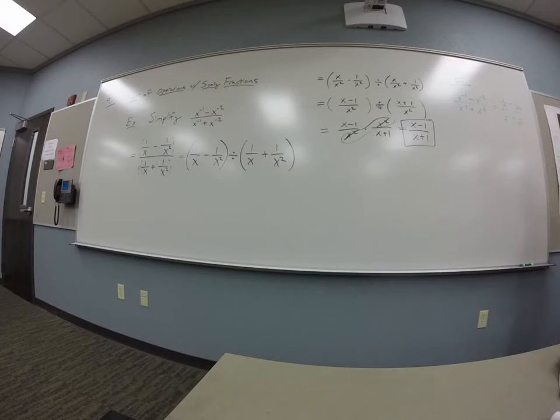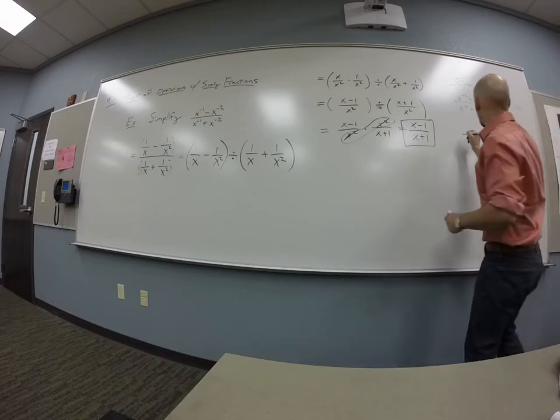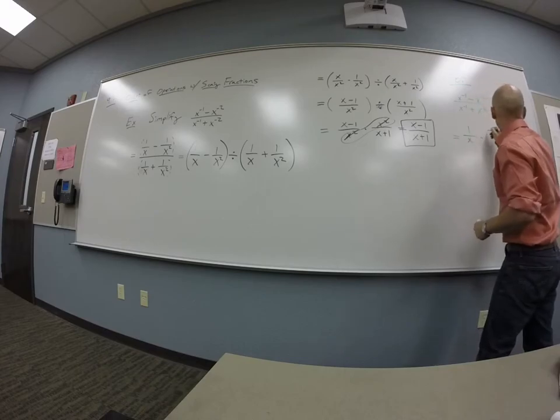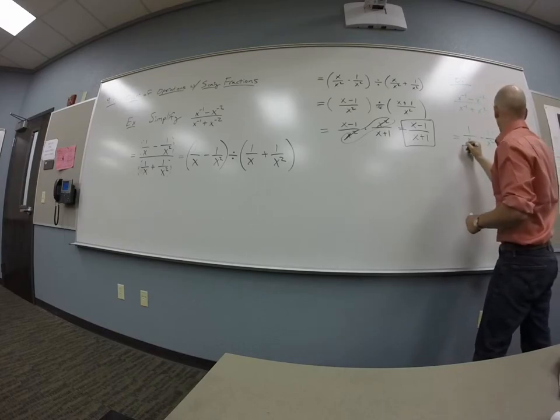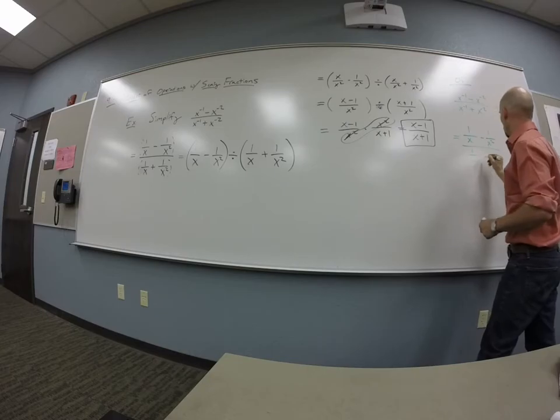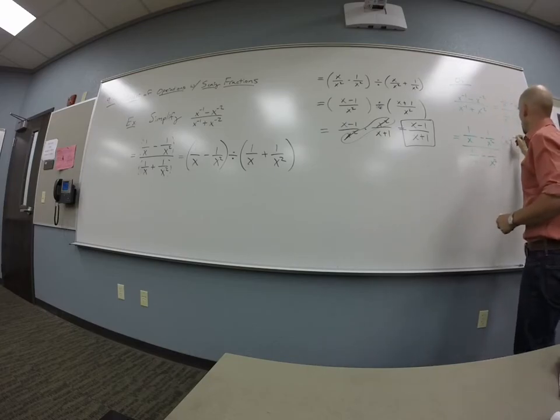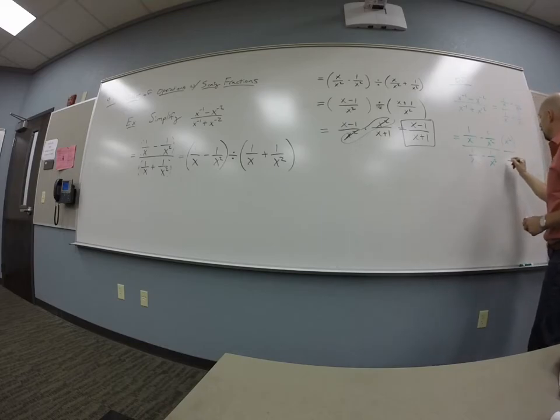That'll kind of clear the fractions. So I take this thing, 1 over x minus 1 over x squared over 1 over x plus 1 over x squared. Then I multiply by x squared on the top and x squared on the bottom.